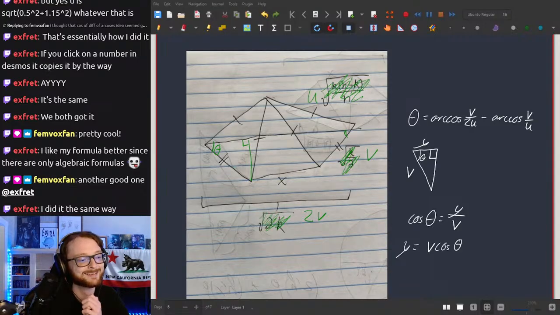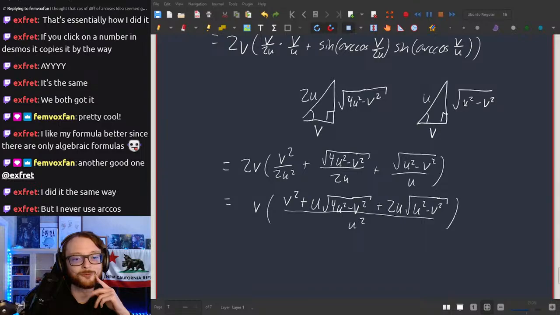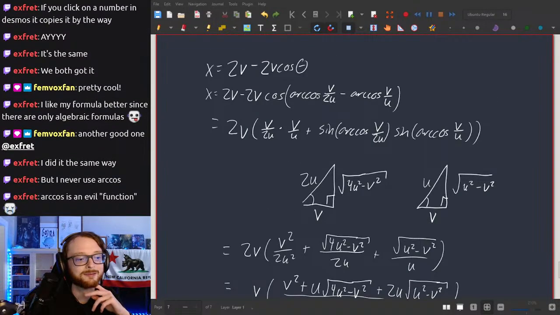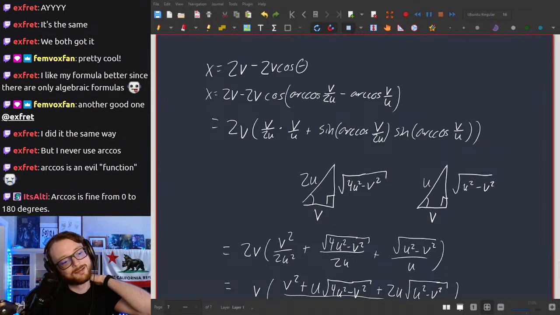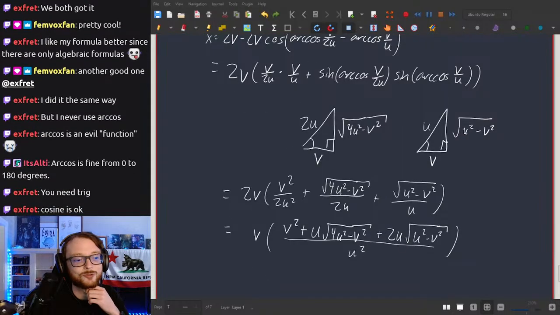You never use arc cosine? I mean, I tried to simplify it down to not use any trig, but I evidently did something wrong. Arc cosine is evil? It is a little evil, yeah. You need trig.